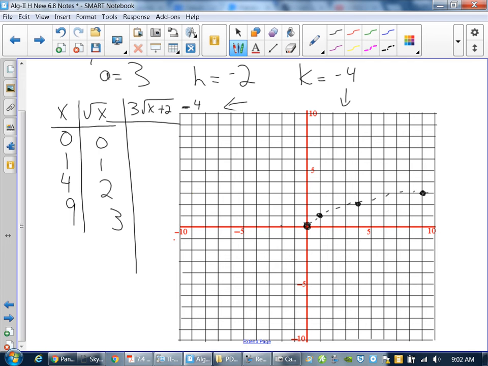Actually, let me rephrase that. When I move that parent one to the left, to -2, I'm picking a new value of x. I'm saying x is at -2. What's -2 plus 2? 0. What's 0 times 3? What's 0 minus 4? So I took this point, I moved it left 2, and I went down 4.